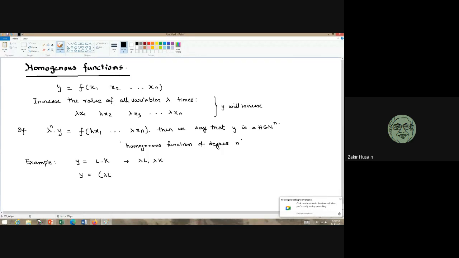Instead of L, we put in lambda L. Instead of k, we put in lambda k. So this is simply lambda square into Lk or lambda square y. Okay, so in that case, this function y is homogeneous of degree. What is the degree of homogeneity? 2. Yes. y is homogeneous of degree 2.